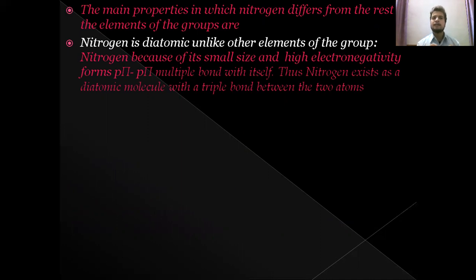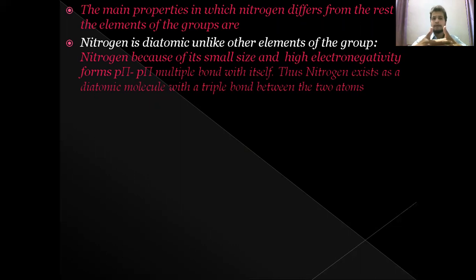Try to understand: the configuration is ns2 np3 for this particular group, or for nitrogen, it is 1s2, 2s2, 2p3. p3 means there will be three unpaired electrons in the p orbitals. So one unpaired electron of one nitrogen and one unpaired electron of another nitrogen will overlap and form a bond. Since the size of nitrogen is small, the overlapping will be very close, and the atoms can come very close to one another.